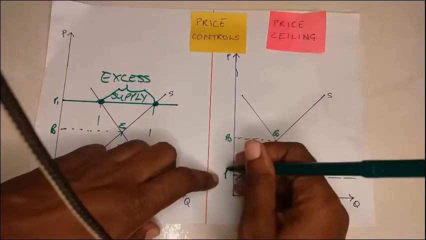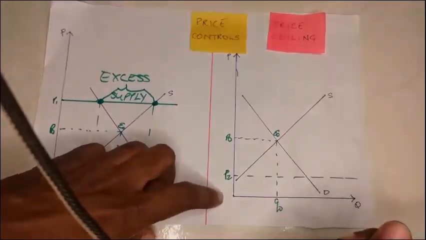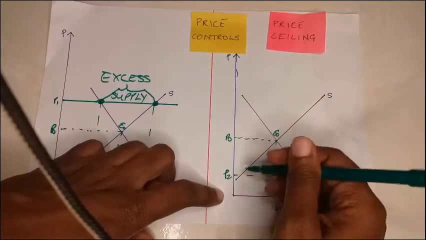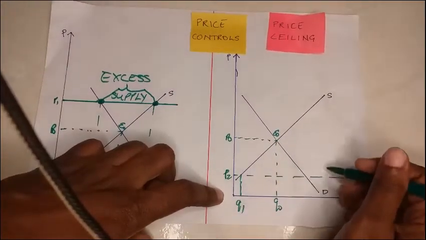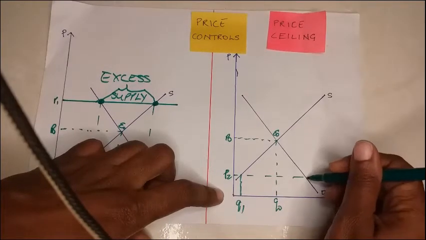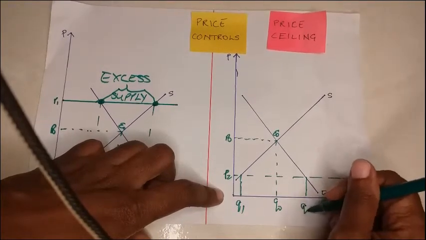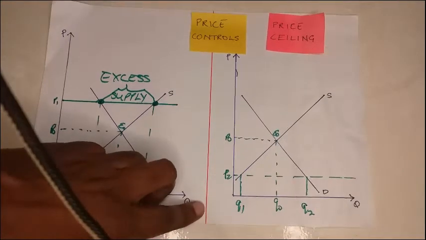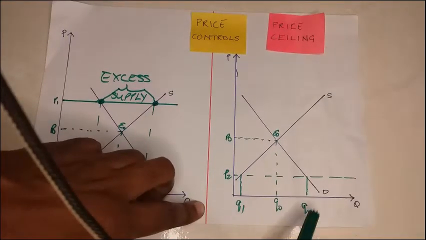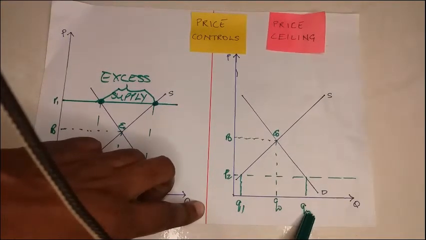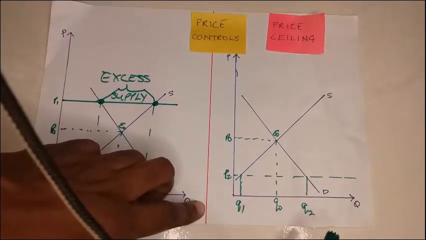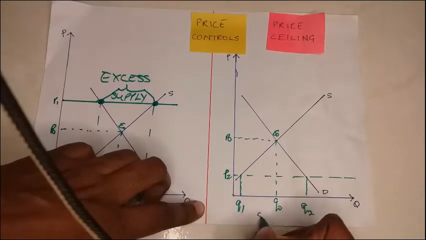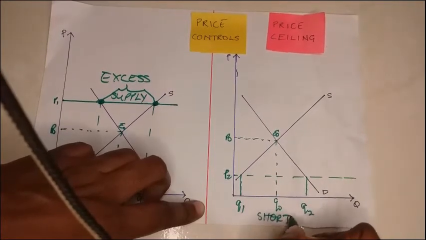Right, we can call this one P2, and so our quantity supplied, we can call this Q1, and quantity demanded Q2. Notice what happens in this diagram. Our quantity demanded is greater than our quantity supplied, and so we have excess demand or a shortage.